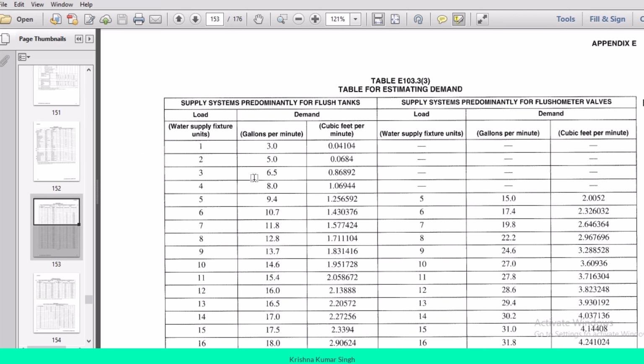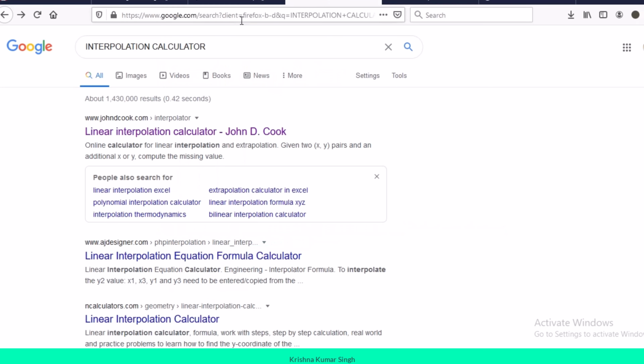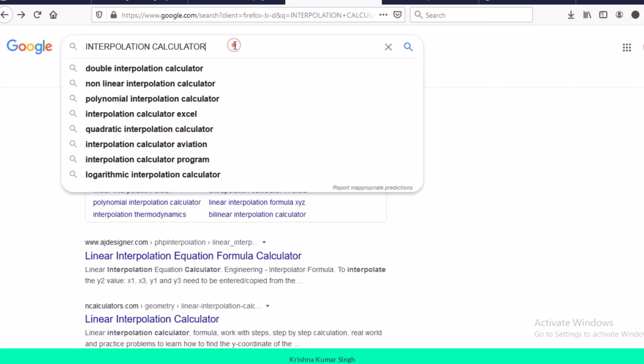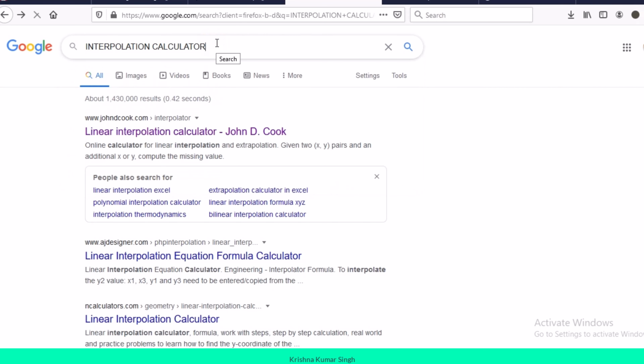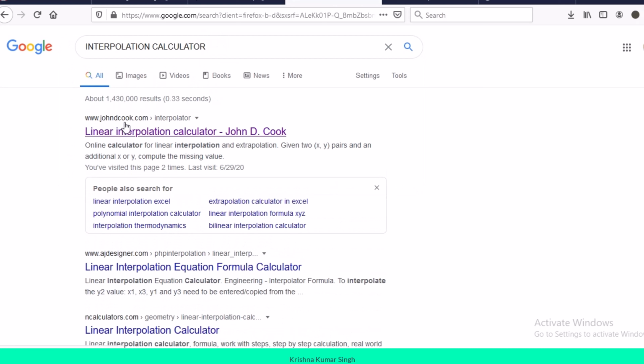Just go to Firefox or Google Chrome, any web browser, go to Google, and type interpolation calculator. Press enter. The first one is the linear interpolation calculator.